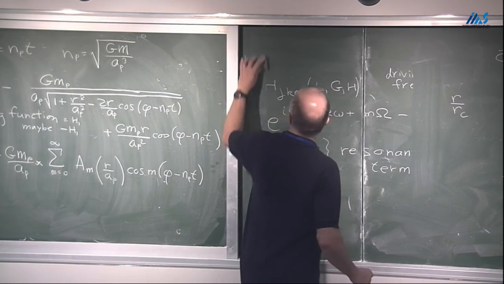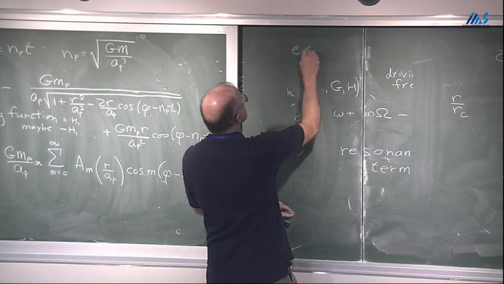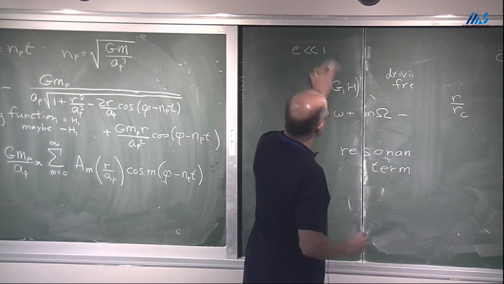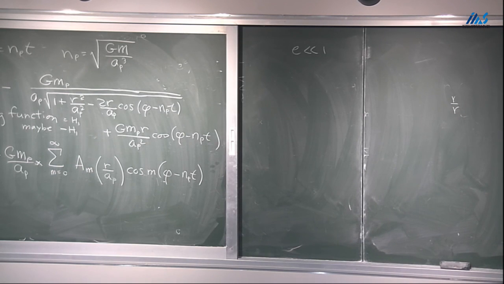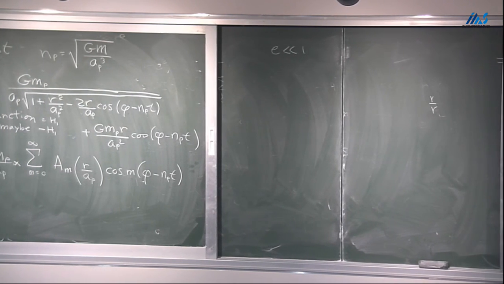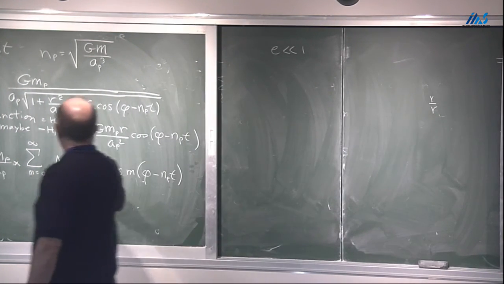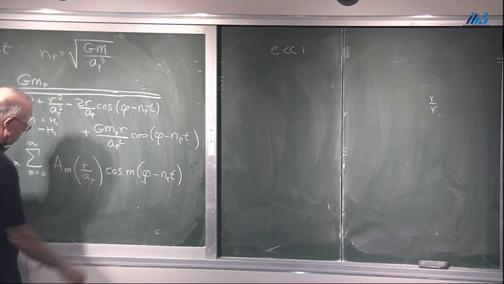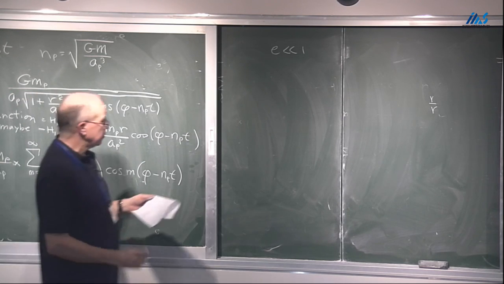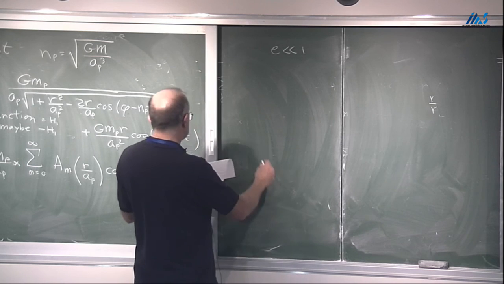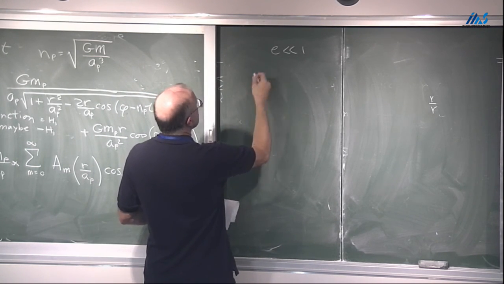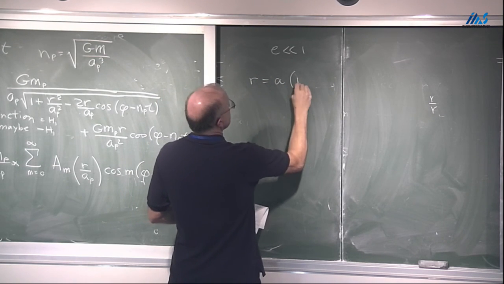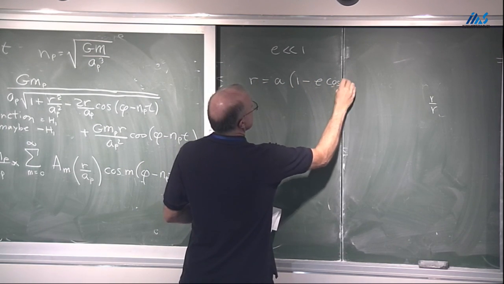Okay, so you have to allow me to assume that the eccentricity is much less than 1. And then if I'm going to replace r and phi by the orbital elements, you need an expansion of them for small eccentricity. This is pretty easy to do. For r, it's a times 1 minus e cos u.